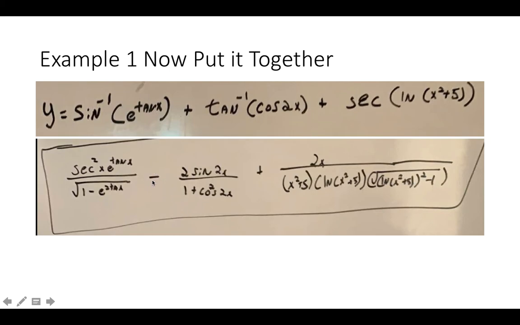The reason there's a minus sign over here is because we had a negative 2 sine 2x, and if we distribute it, it gives us a minus sign.